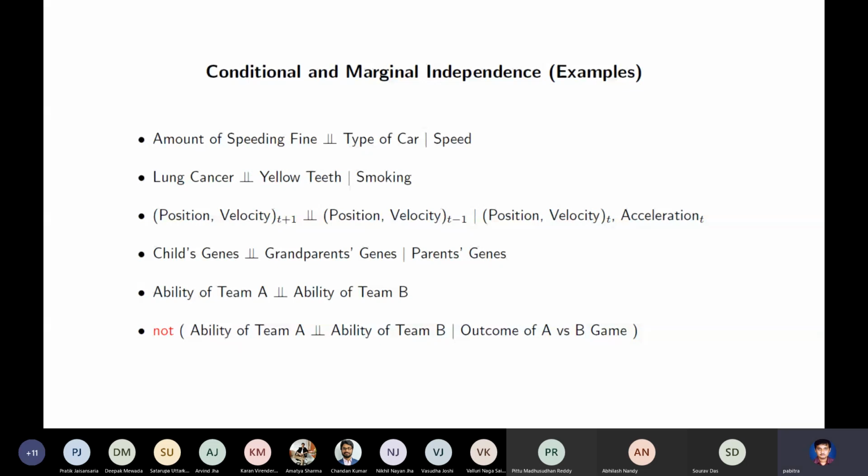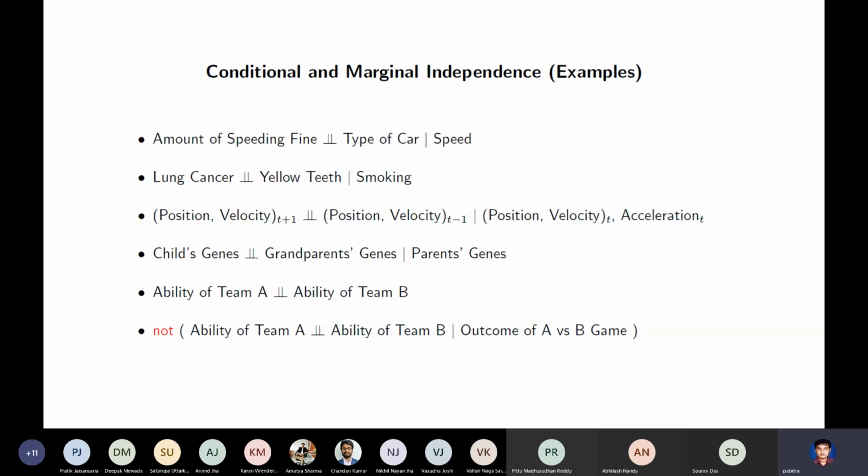Okay, so these are some examples. Say, for example, position and velocity at time t plus 1 is naturally dependent on the position and velocity at time t minus 1. But the moment you know the position and velocity at t and the acceleration, then t minus 1 doesn't give you any additional information. You have all the information from t and the acceleration at t.